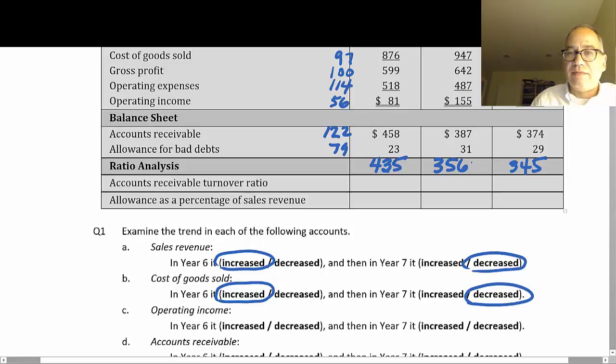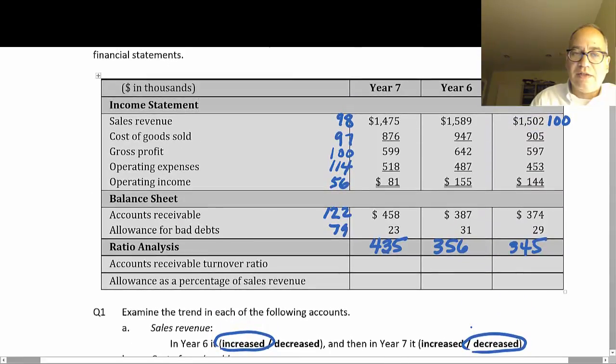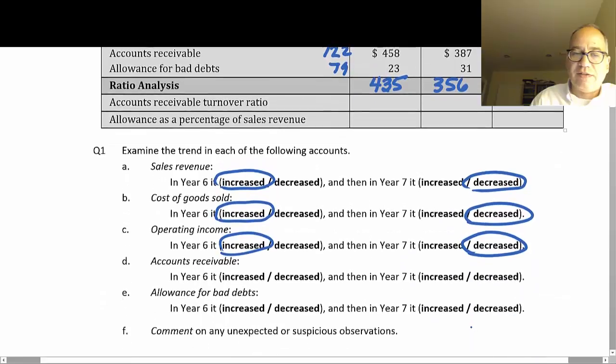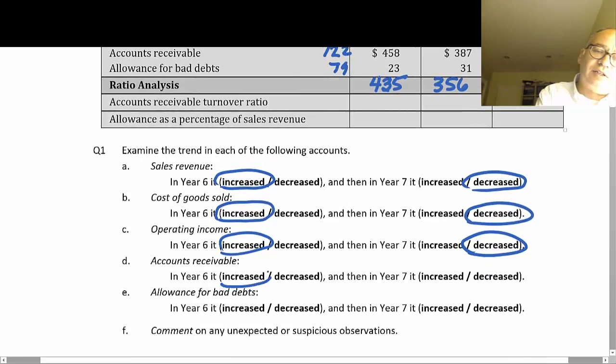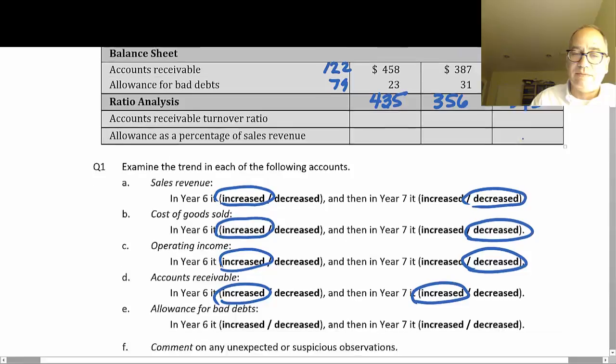Operating income increased in year 6, but decreased in year 7. And accounts receivable in year 6 increased. And in year 7, interestingly enough, even though sales decreased, accounts receivable continued to increase. It's now at 458 from 374.